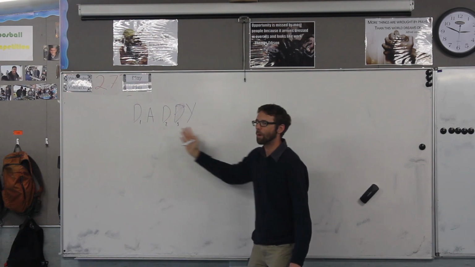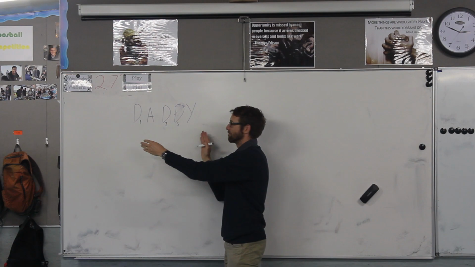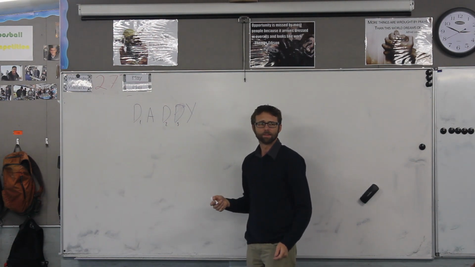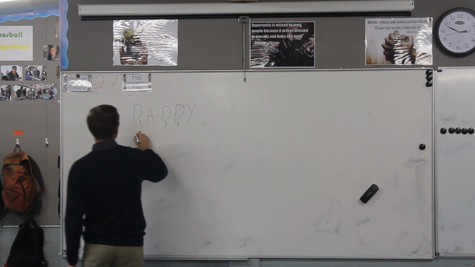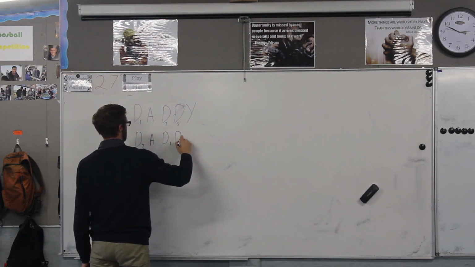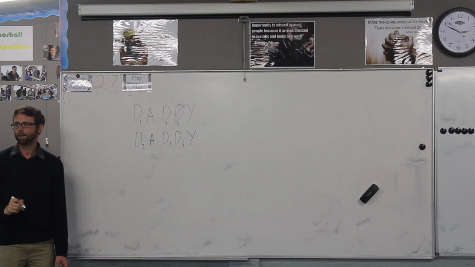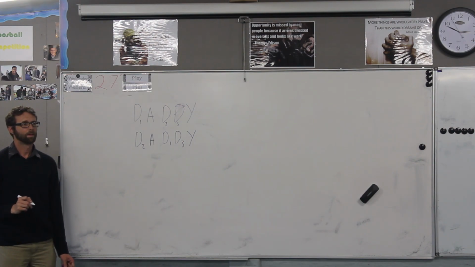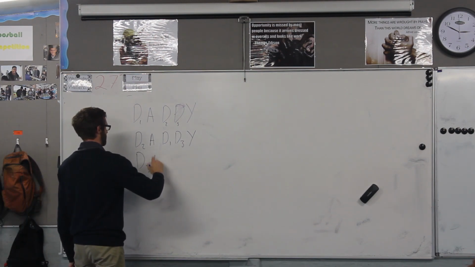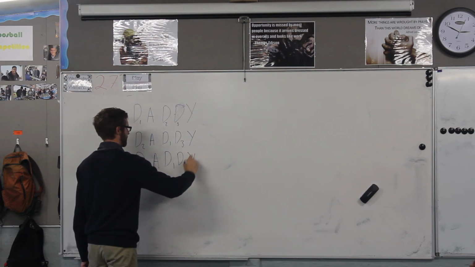Okay, give me another way that we could have exactly the same rearrangement, but we're just changing these subscripts. So, yep. D2, A, D1, D3, Y. Another one? Yep. D3, A, D1, D2, Y.